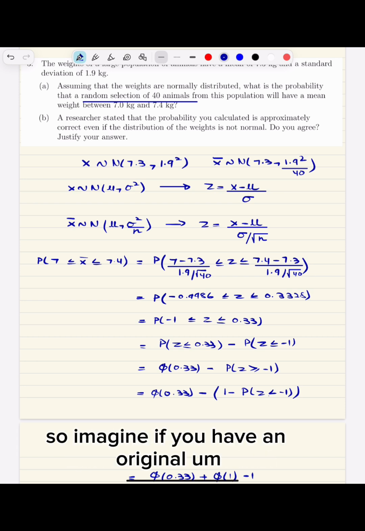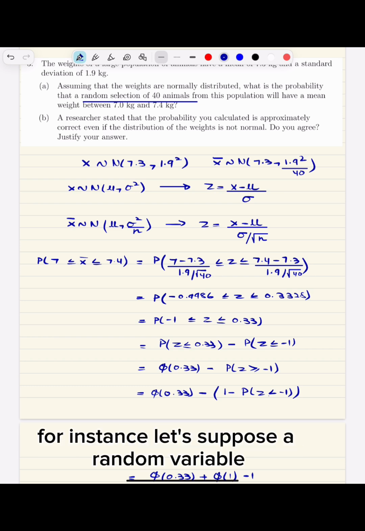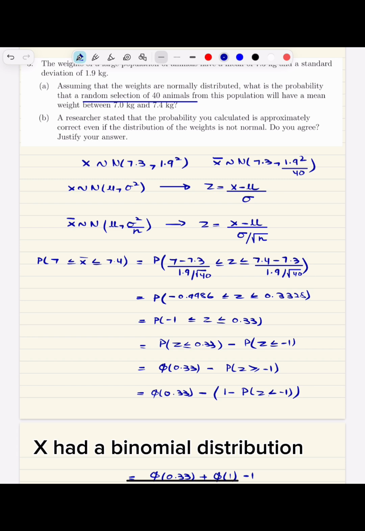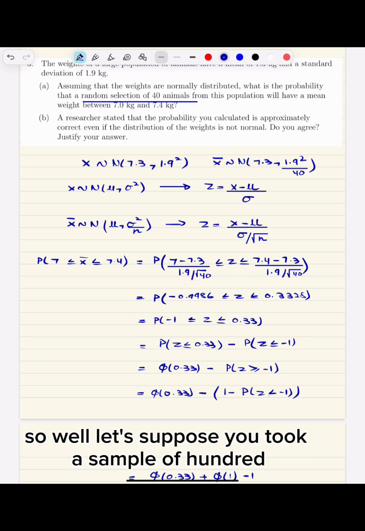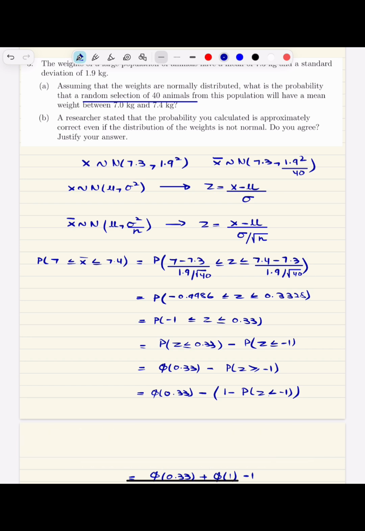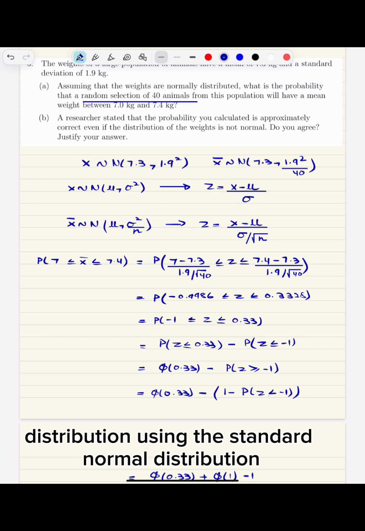So imagine if you have an original distribution which is discrete. For instance, let's suppose a random variable x had a binomial distribution, but you took a very large sample, anything above 30. So let's suppose you took a sample of 100. You can actually approximate the probabilities of that binomial distribution using the standard normal distribution.